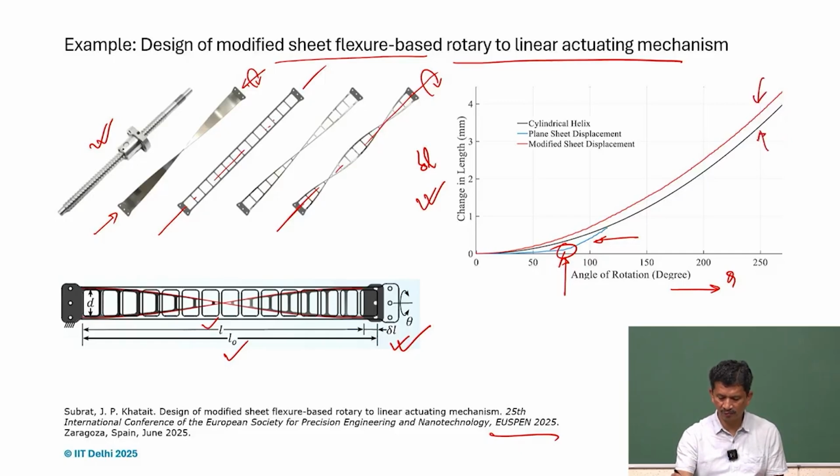We can compare these two. This one is the ideal one, just based on the geometry, because it's deforming in a helix. That we compare with the modified one. Of course, since there is a preloading, we can always have some straightness, so that's why we see a difference here. But we realize that it's an all-elastic mechanism, so it should be repeatable.